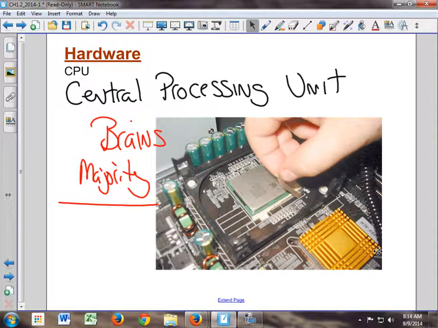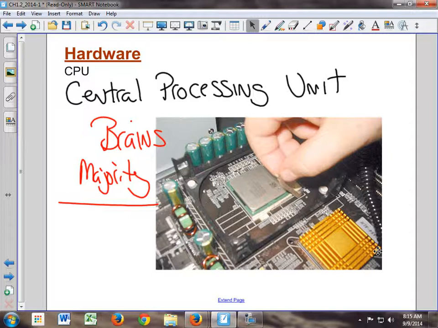So we left off at the central processing unit. CPUs come in a number of ways, and we'll learn more about that. But there are CPUs that have pins. Let me see if I've got two that are relatively clean. CPUs either have pins, which that one does.